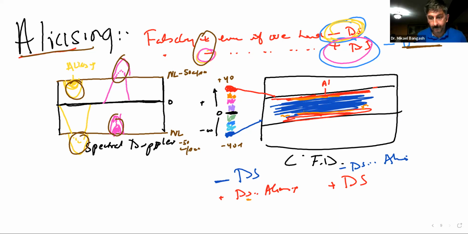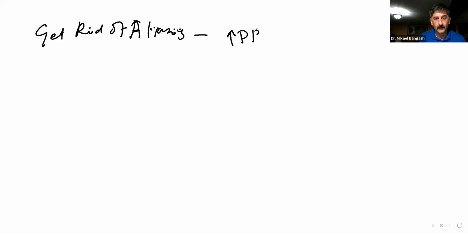Now, how do we correct aliasing, or get rid of aliasing? One of the main things that we talked about was increasing what we call the PRF. Clear?